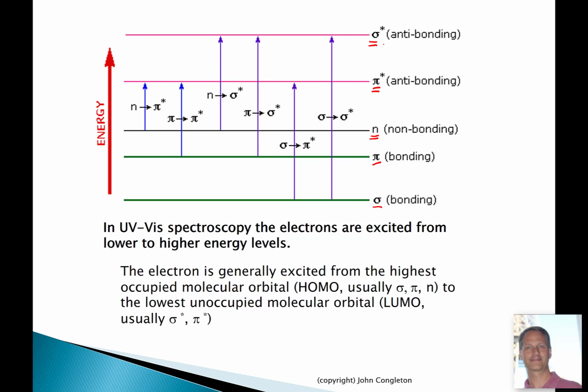Now, generally speaking, electrons are excited from the highest occupied molecular orbital, remember, that's your HOMO, usually sigma or pi, one of the three of these things, to the lowest unoccupied molecular orbital, or your LUMO. It's usually your sigma star or your pi star.